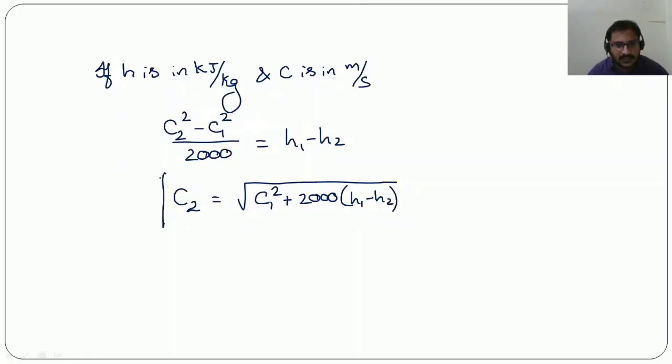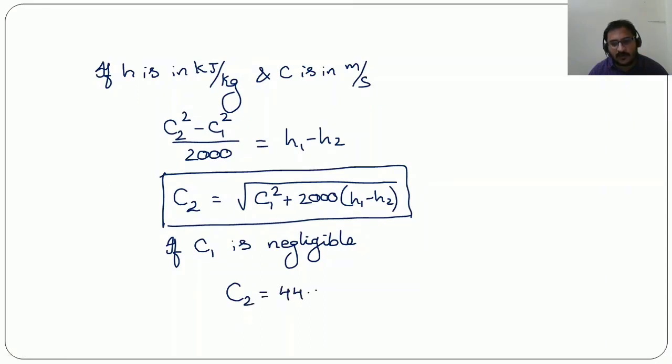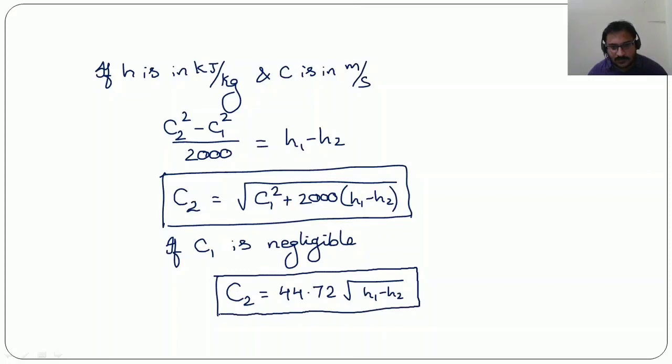So this is the exit velocity formula. Now suppose if c1 is negligible compared to c2, then c2 will be equal to simply 44.72 root of h1 minus h2. So root of 2000 is 44.72. So from this we are going to get here.